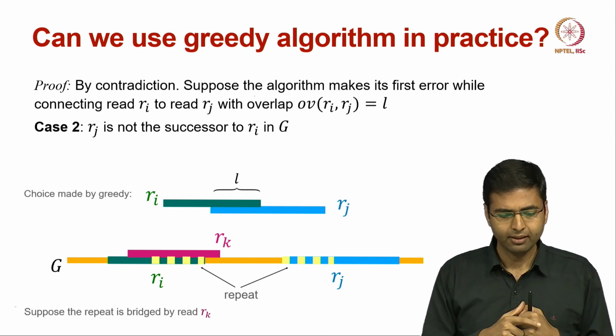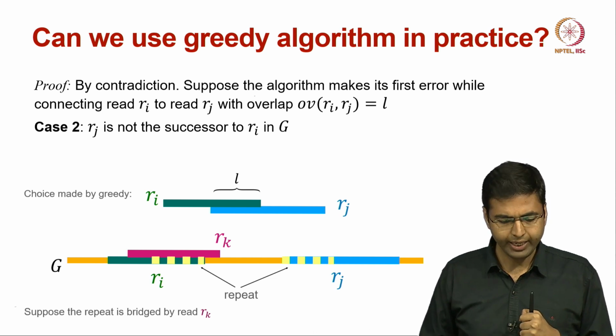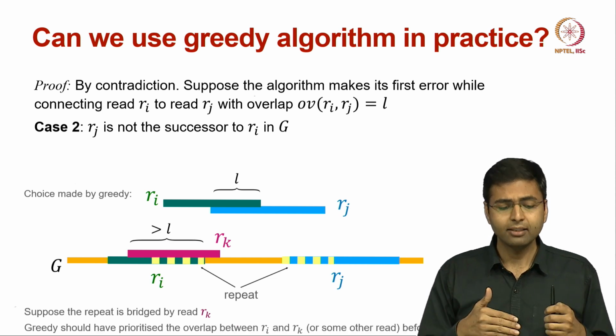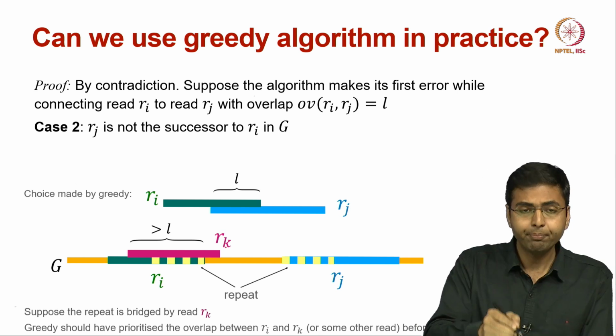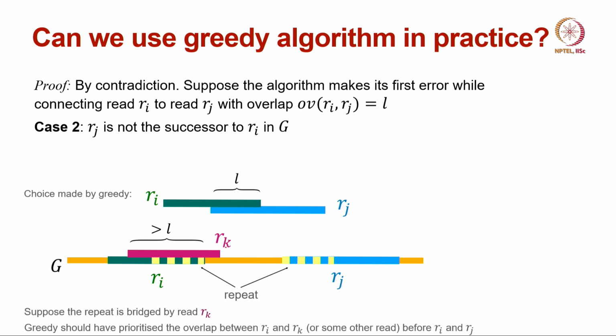But if that is the case, then in the greedy algorithm we should have prioritized the overlap between Ri and Rk first, because observe that if Rk bridges this repeat, then the overlap length between Ri and Rk is greater than L. And as a result, because in the greedy algorithm we are always favoring longer overlaps first, it means that the greedy algorithm should have prioritized the overlap between Ri and Rk, or some other read with higher overlap.